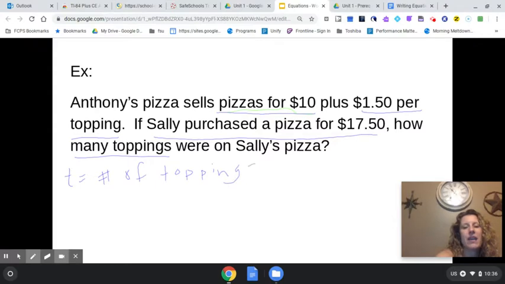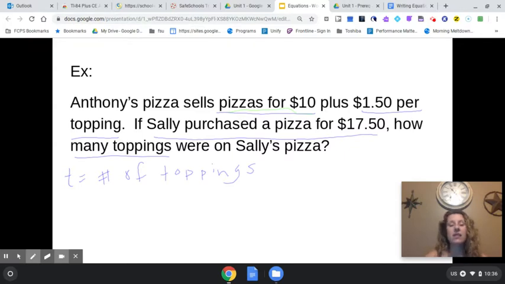Sorry, my handwriting looks terrible there. I'm writing with a touch screen, so that is using my pointer finger. So it kind of looks like maybe a 5. But anyway, okay, we want to go ahead and translate our keywords and phrases into an equation.